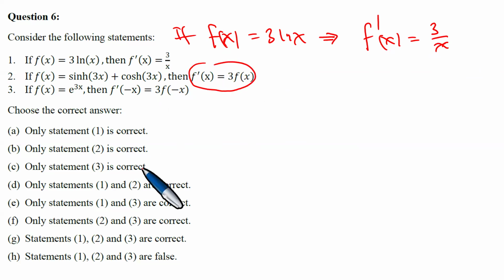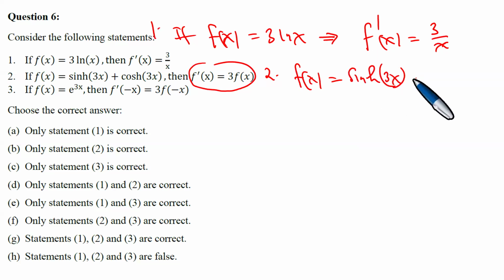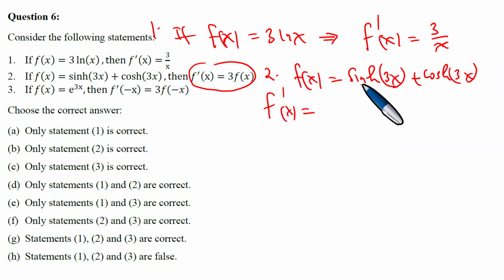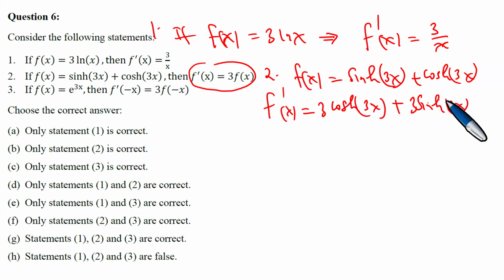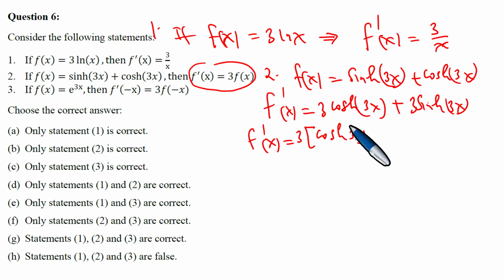So we need to investigate that part, because this was in part 1, and in part 2, we have f of x, which is the hyperbolic sine of 3x plus the cosh of 3x, which means that we have f prime of x, the derivative of the hyperbolic sine is 3 the cosh of 3x plus 3 the hyperbolic sine of 3x, which is the cosh of 3x.